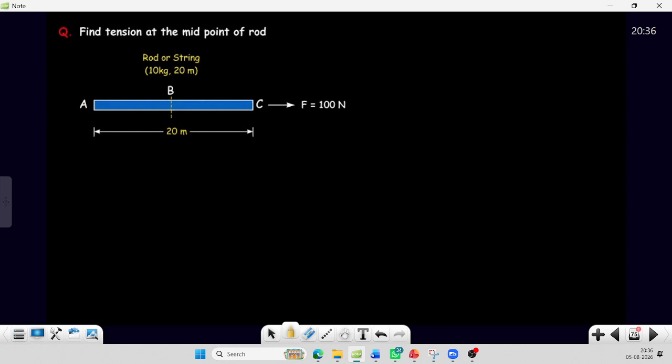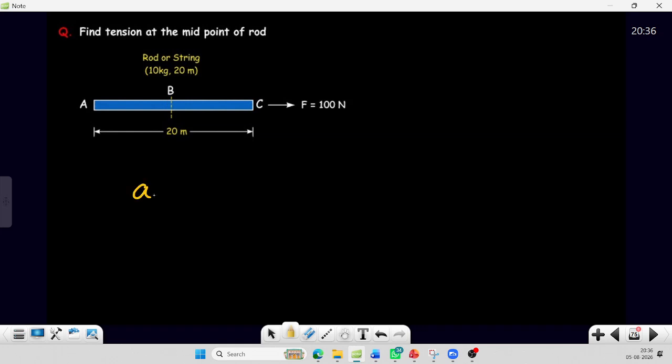So first we'll find the acceleration. Just imagine this is the block, and at one end we applied some force to this rod. So we'll find the acceleration of the block. You tell me first, how much is the acceleration of this rod?